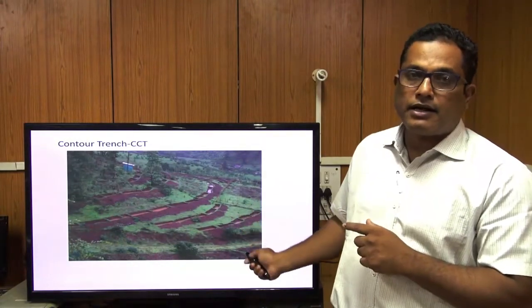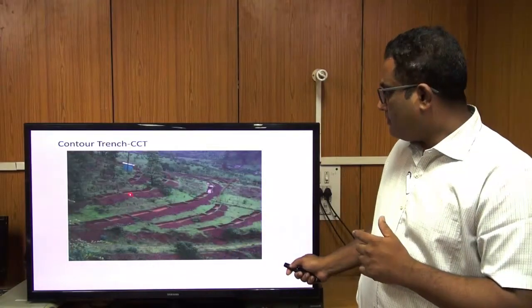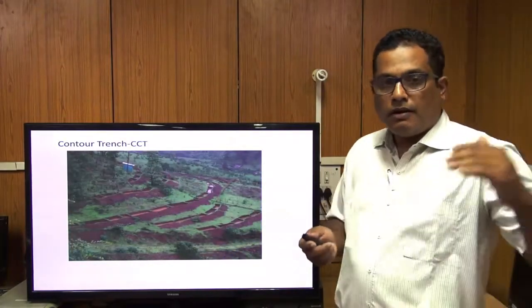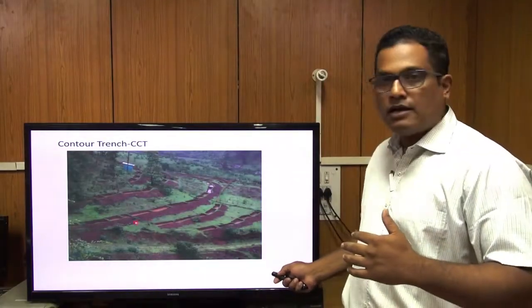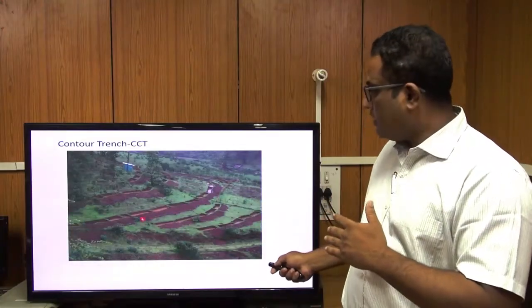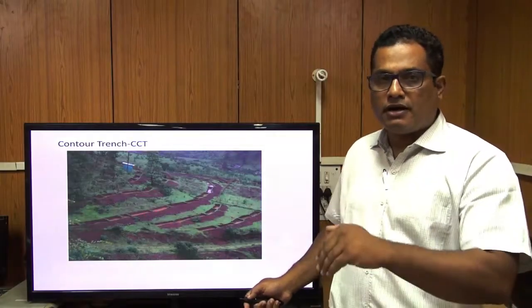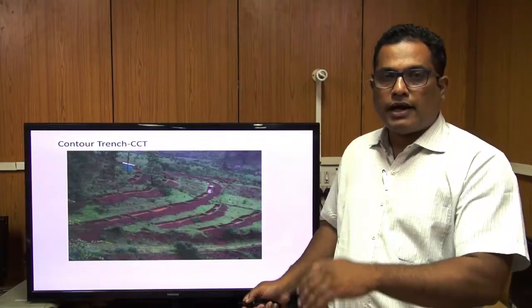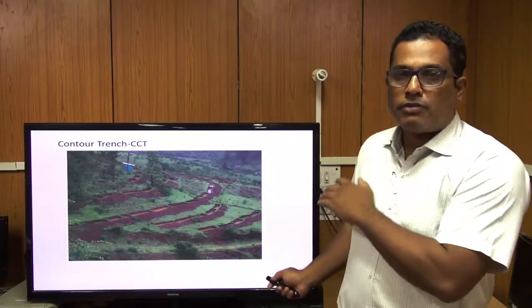This is generally done in non-cultivable areas like class 5, 6, 7, and the basic purpose is to store the excess runoff in these pits, so that the pressure on the bund is less. Also, because of ponding of water in these pits, there would be infiltration beneath the soil, and this soil moisture will reach the downstream side where the contour bunds are constructed.